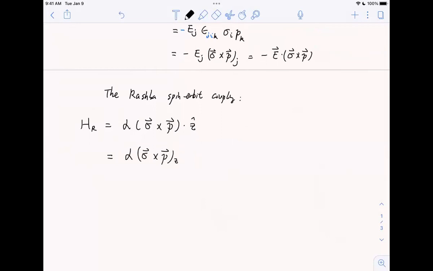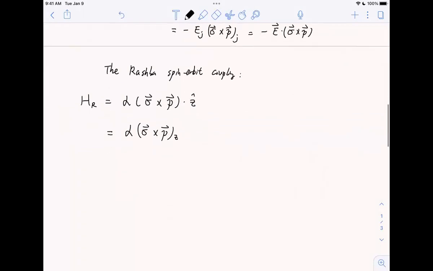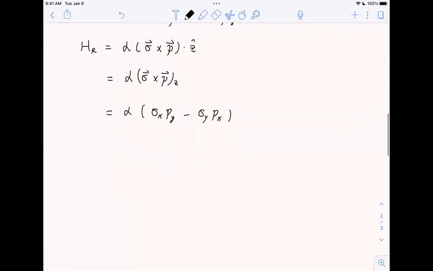It's just the Z component because you dot Z. So you take the Z component. So when you take the Z component, then it's just sigma X Py minus sigma Y Px. And then when you write it out, it will be of this form.